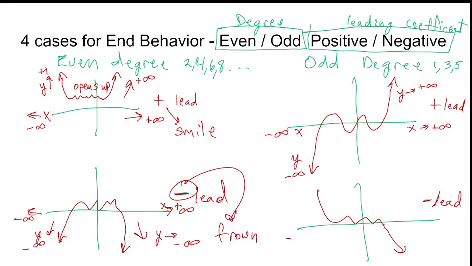So negative, as x goes towards negative infinity, over here y is going towards positive infinity. So a positive times a negative gives us a negative, negative lead. Over here, x is going towards positive infinity, but y is going towards negative infinity. Okay, so that gives us the four different cases of end behavior.